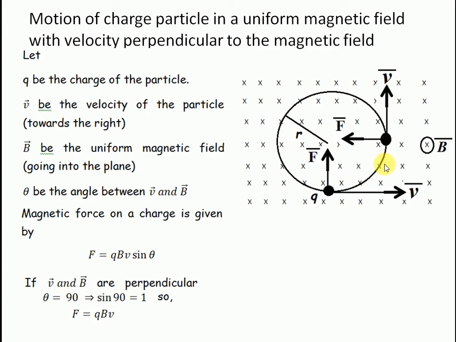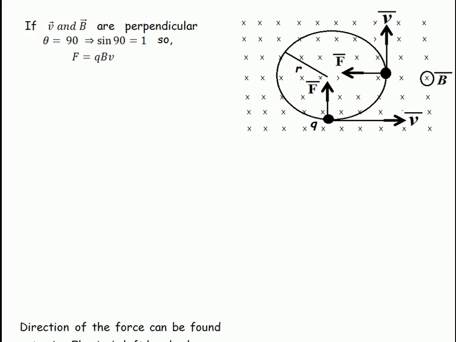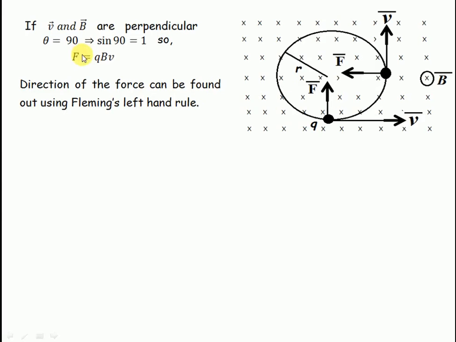As v and B are perpendicular, B is going into the plane and v is going towards the left, the angle is 90 degrees. So the force will be given by F = qvB, because sin 90 is 1.